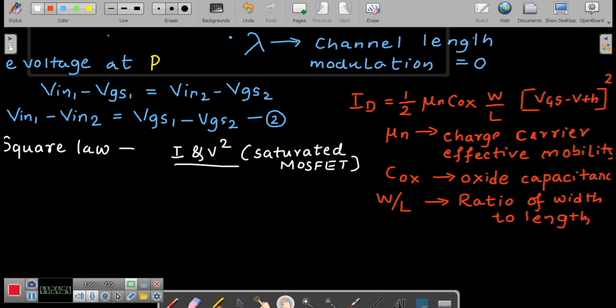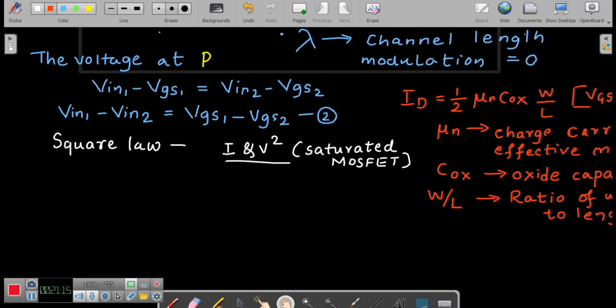I will take up those points later whenever we discuss the structure of this MOS device. So my drain current, whenever my device is operating in the saturated region, is given by half mu n CoX W by L into VGS minus VTH whole square. This is a very important expression for you to remember.